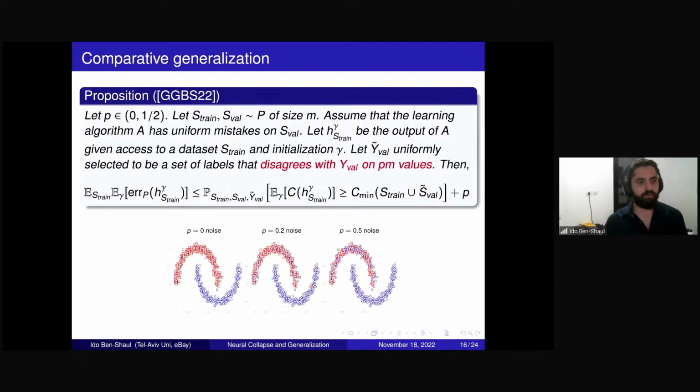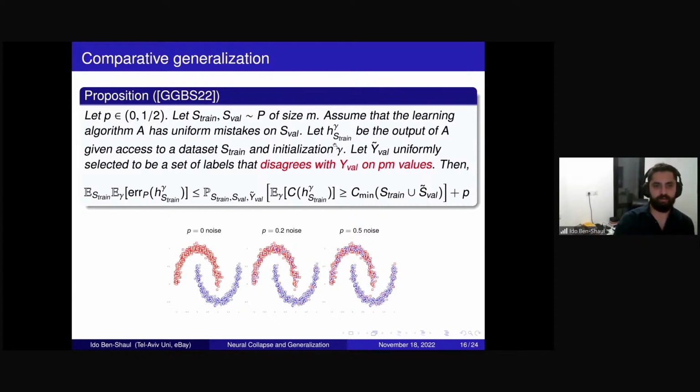And given this assumption, we can show our bound, and it goes something like this. We pick some noise level P between 0 and 1/2, and we have some training set and validation set from the distribution. They're both of size m. And we assume that the learning algorithm has uniform mistakes on the validation set.